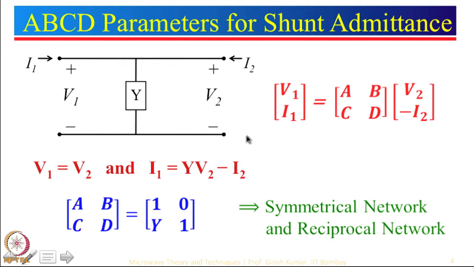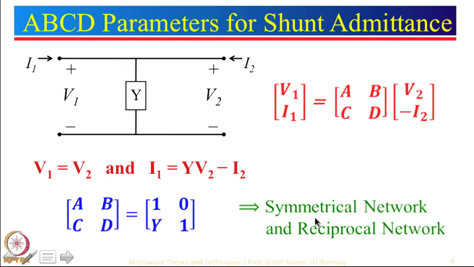For C, I1 is C times V2, so C will be Y. Then I1 is CV2 minus DI2, so you can say from here D is equal to 1. So, this is the ABCD matrix for a shunt admittance, which is nothing but [1 0; Y 1].